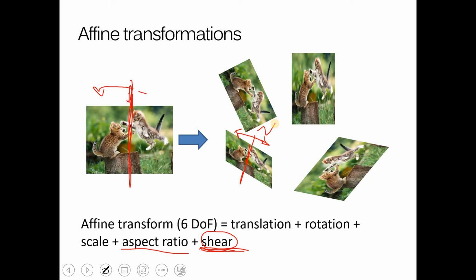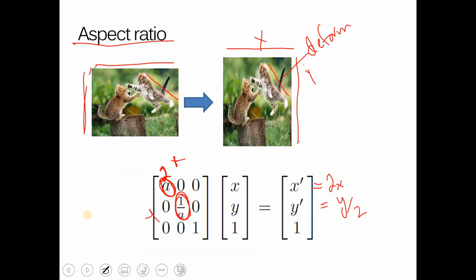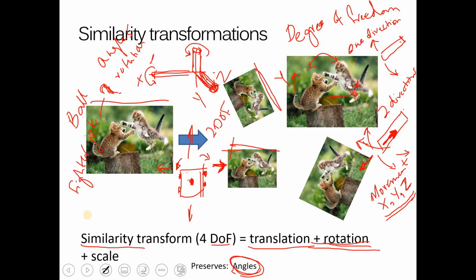Okay. All these transformations together are called one group of transformations. We call them affine transform with 6 degrees of freedom. Okay. So 6 degrees of freedom are there for this. We call it affine transform. One property: the affine transform does not preserve angle.